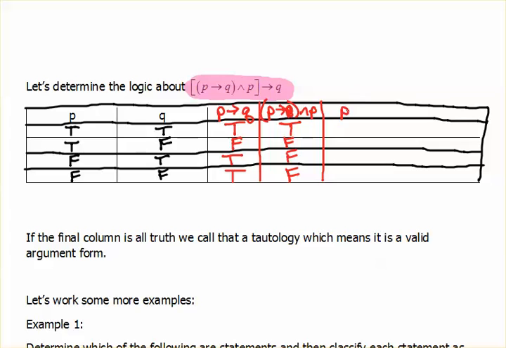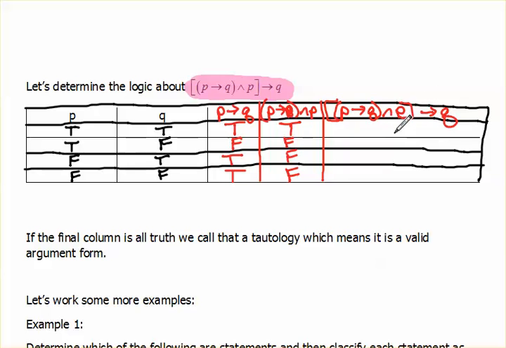So now then we have P implies Q and P, that's what we just did, so that's this column right in here, implies Q. So we're going to be looking at this column and this column. So we're doing an implication again.